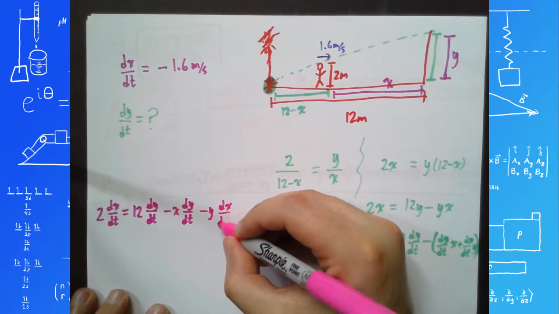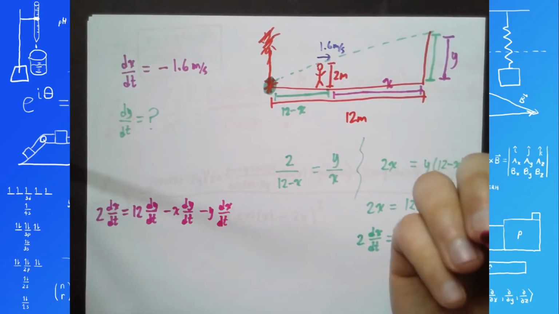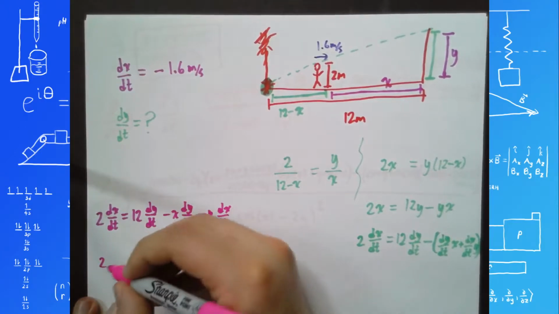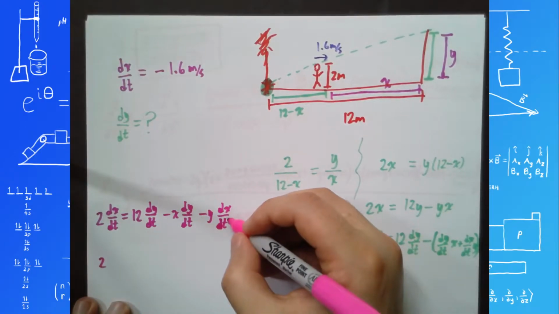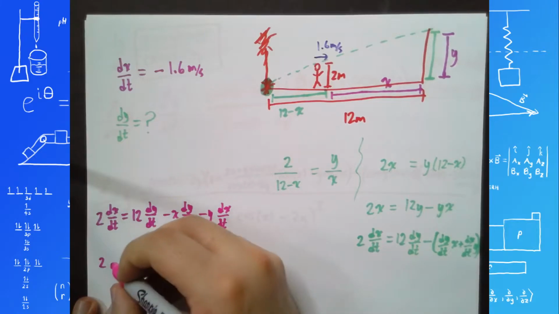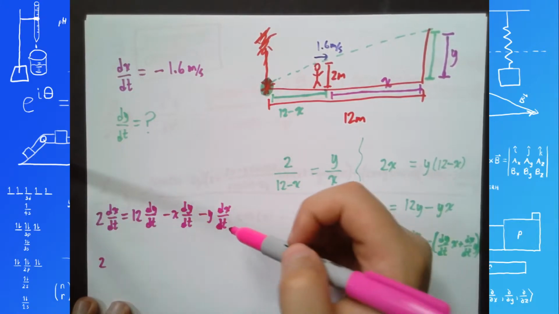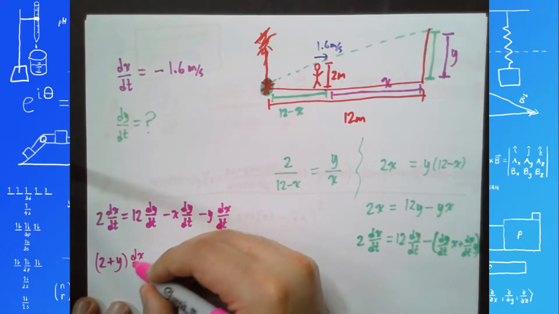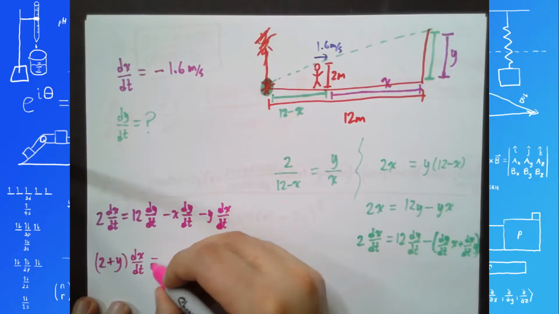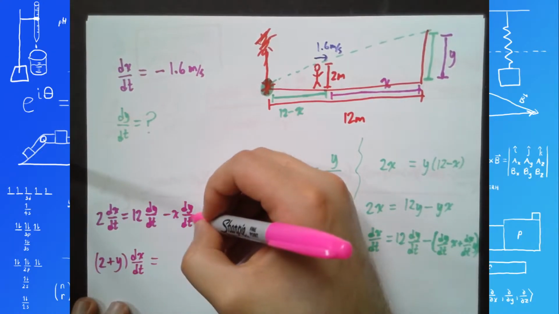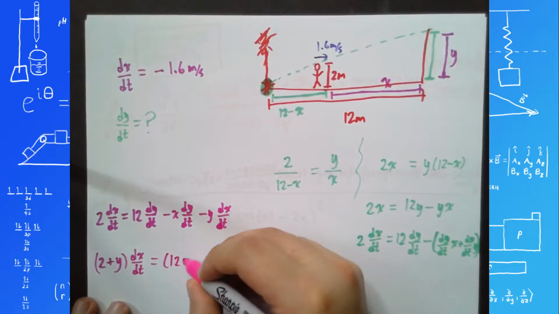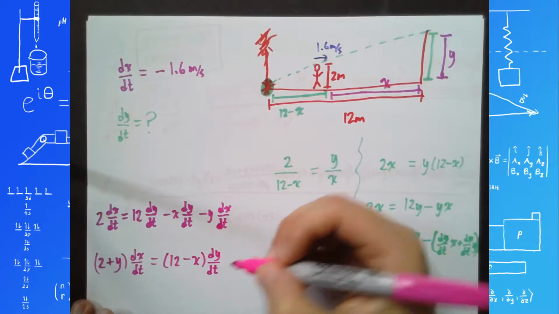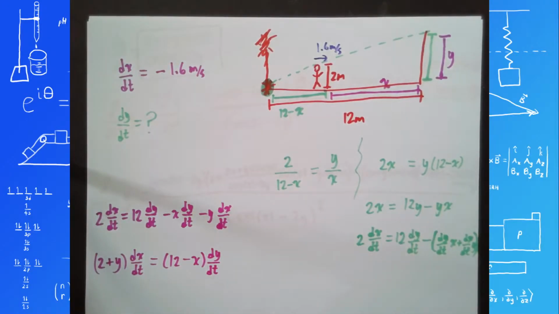Okay, so putting these together, I'll also add y dx dt over to the left-hand side, why not? So 2 dx dt plus y dx dt is 2 plus y dx dt equals 12 dy dt minus x dy dt is 12 minus x dy dt. dy dt is what we're trying to solve for.